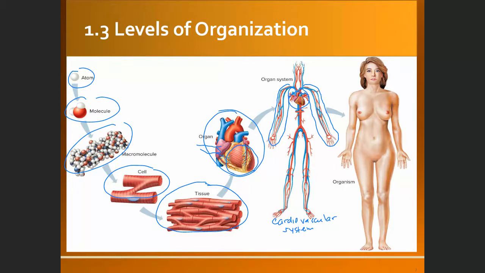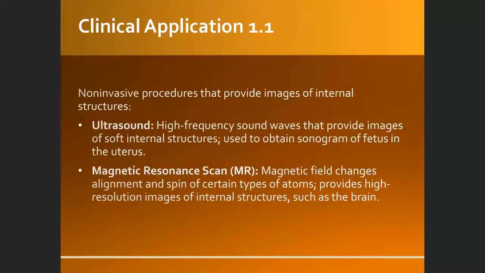So only two organs make this cardiovascular system. And then the 11 organ systems, they all combine and organize to make an organism. An individual human is an organism. So this is the level of organization.